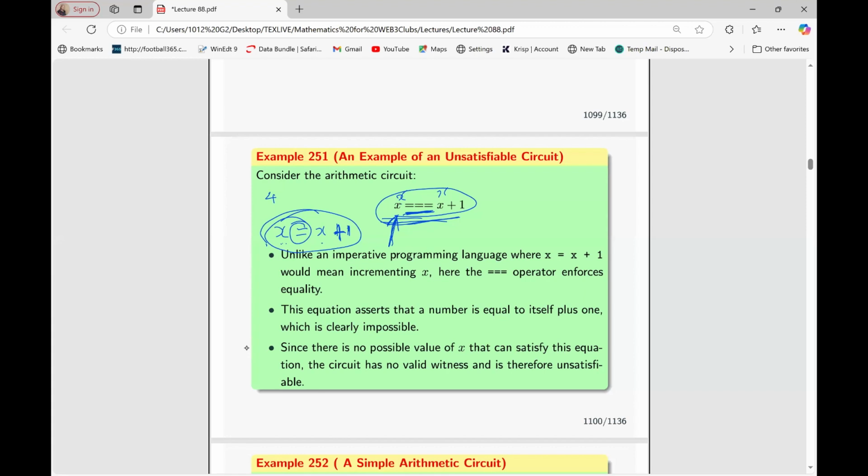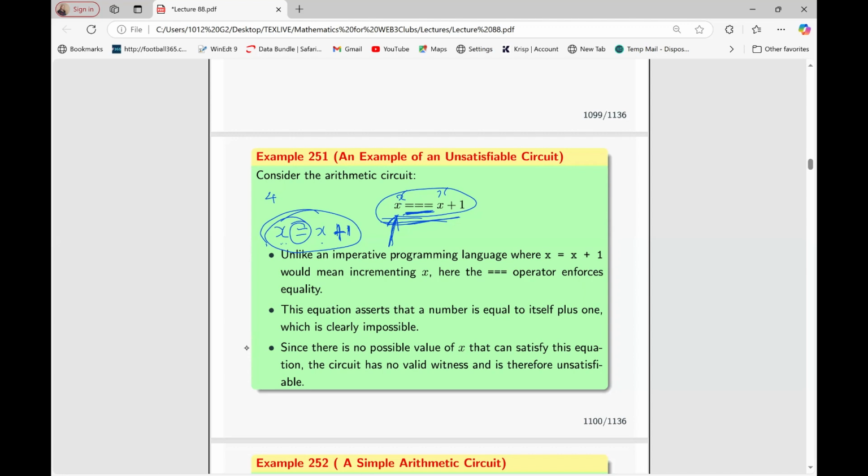And you can see, for this case, it's not possible to have an x that will satisfy this equation. It's not possible to have an x that will satisfy this equation.